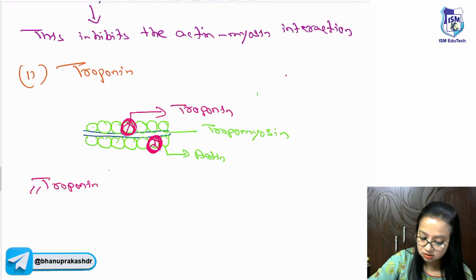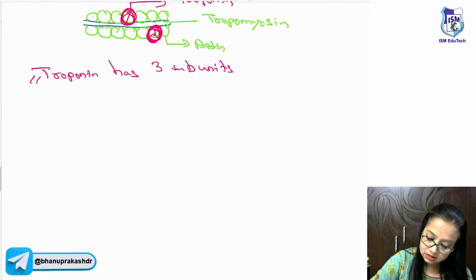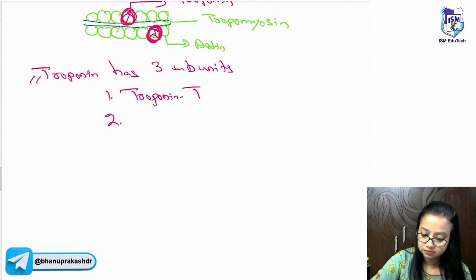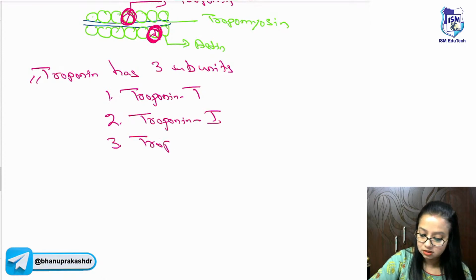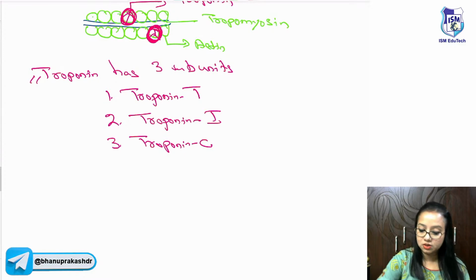Troponin has three subunits. What are the three subunits? Troponin T, troponin I and troponin C. Okay.